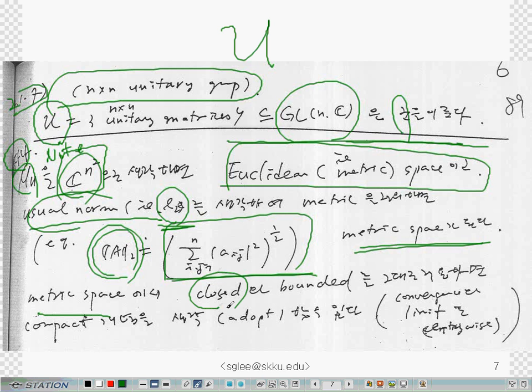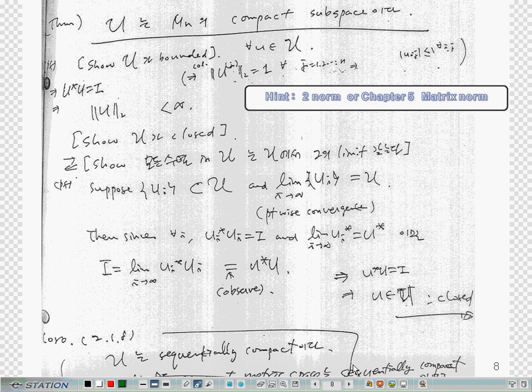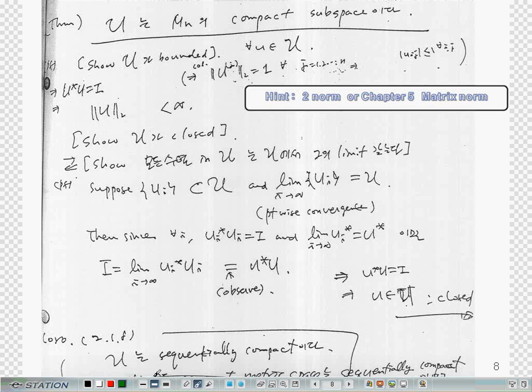Then we can use all the concepts that we have used in the matrix space. So we have a definition of closedness and boundedness. If we use those concepts, then we can think of the set of unitary matrices as a compact subspace of the vector space Mn.